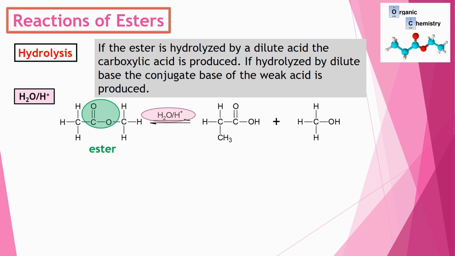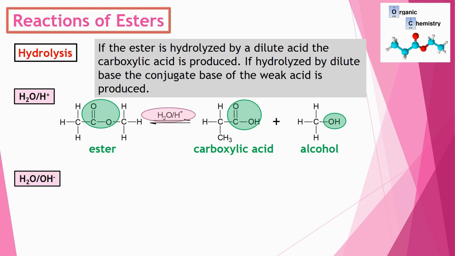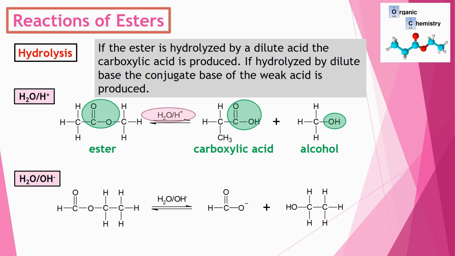However, if I take this ester and put it in base conditions, I will break it apart the same as before. Because it's in base conditions, and at equilibrium, you can imagine that if this was a carboxylic acid, it would donate its proton to the base to produce water, because it is a base and this is an acid.